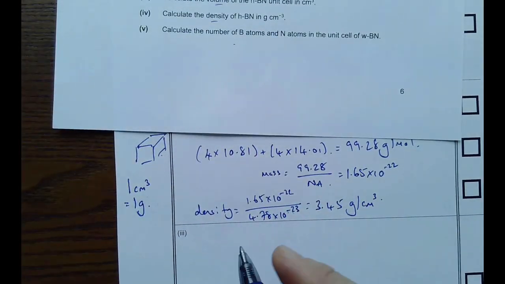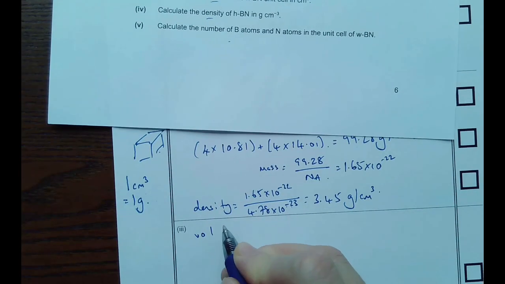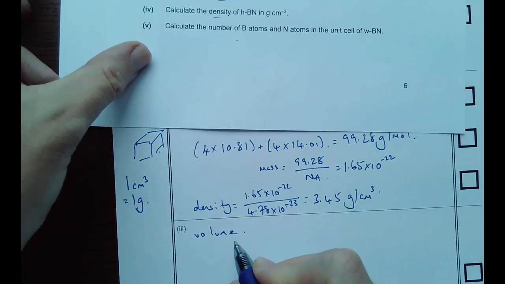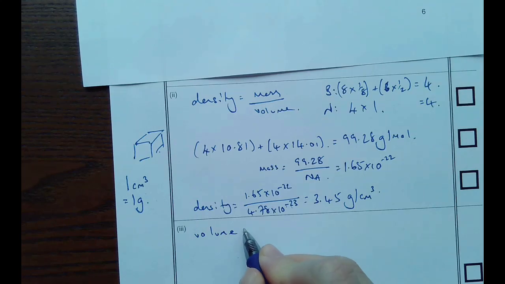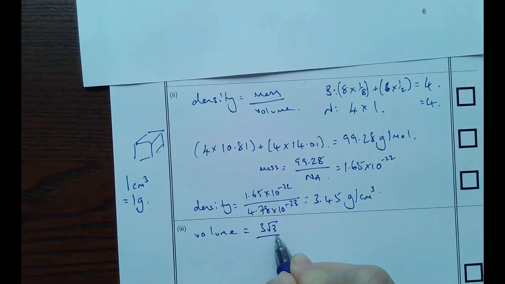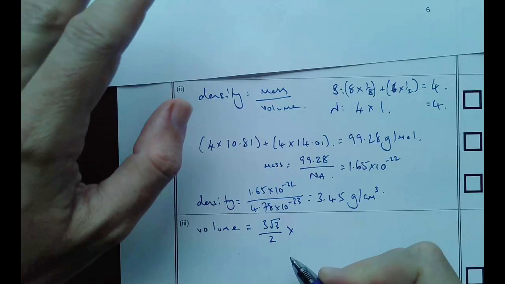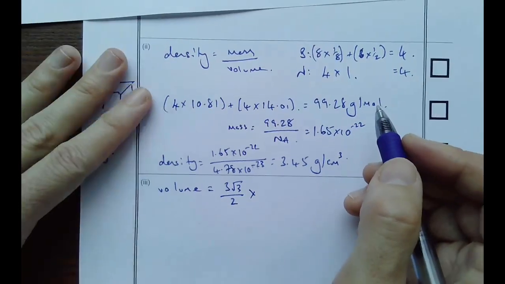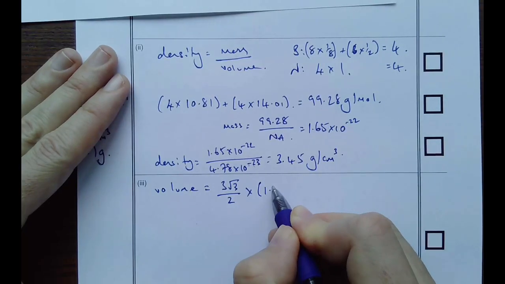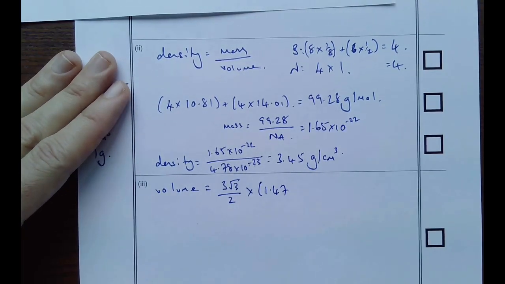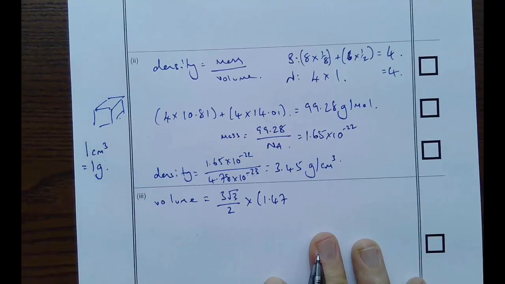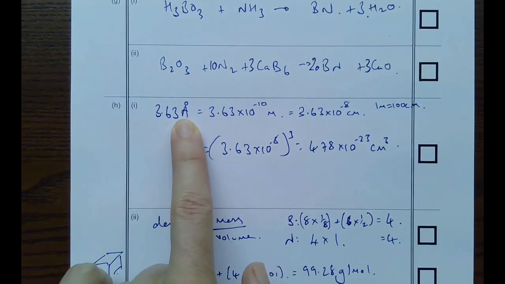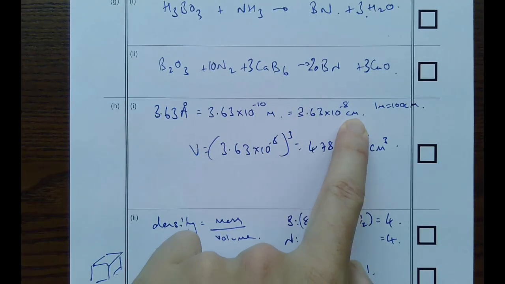So the volume is 3 root 3 over 2 multiplied by the side length, and the side length is 1.47. Okay, so it's 3 root 3 over 2 times 1.47, but I've got angstroms. And you'll remember I did this conversion up here, so angstrom into meters into centimeters.